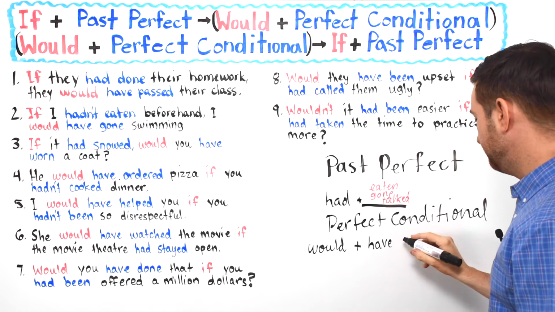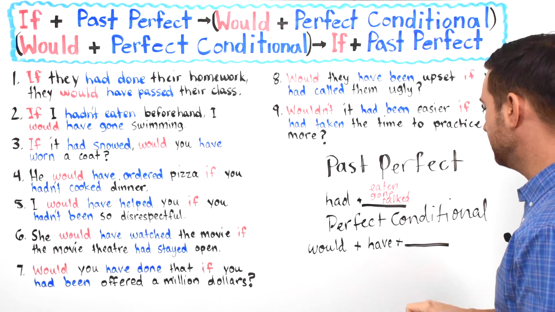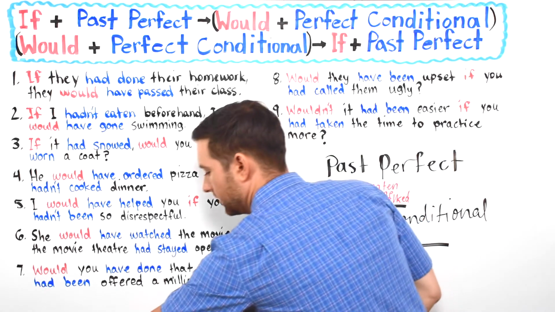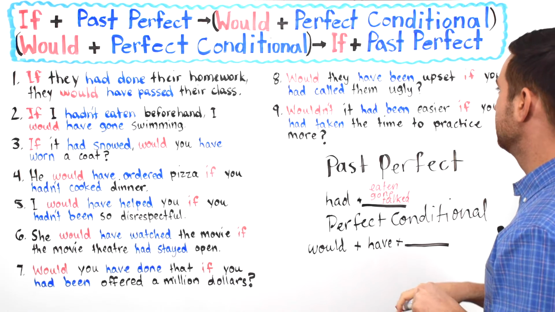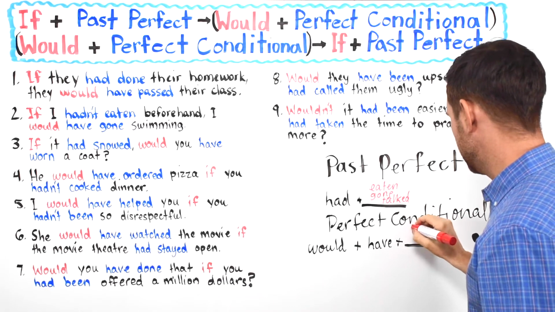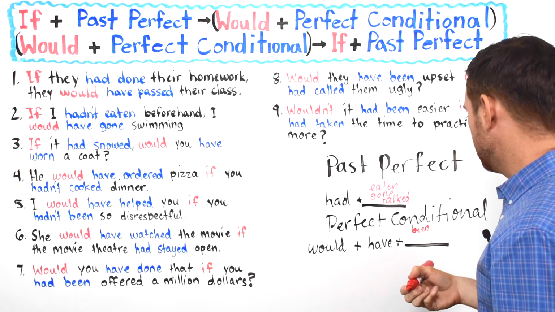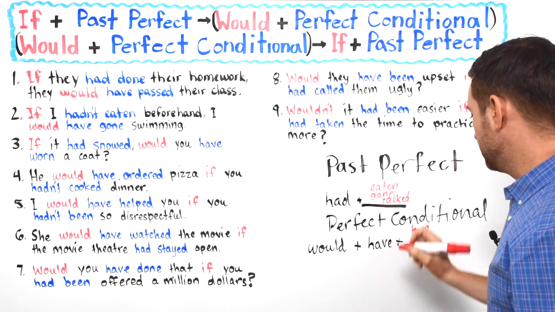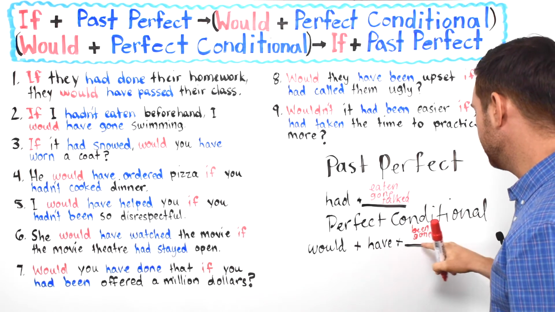And then we have to put the verb, okay? So kind of like up here, we're going to put one of the verbs. Take any verb that you want, right? So in an example up here, we have the verb to be, which in the past it's been. Or you can use the one to go, right? Have gone, I would have gone.